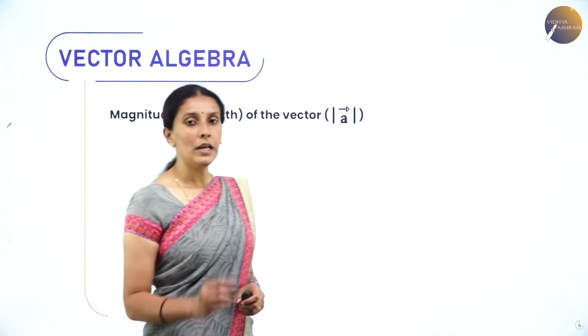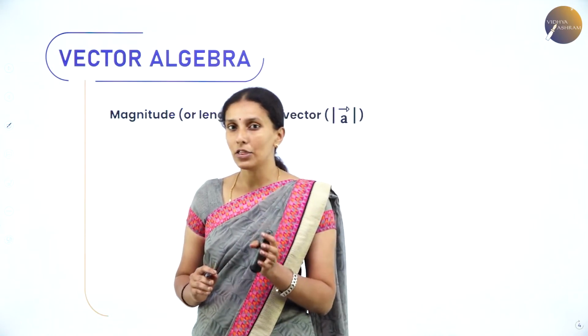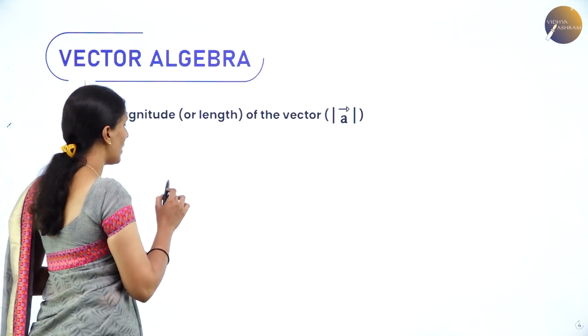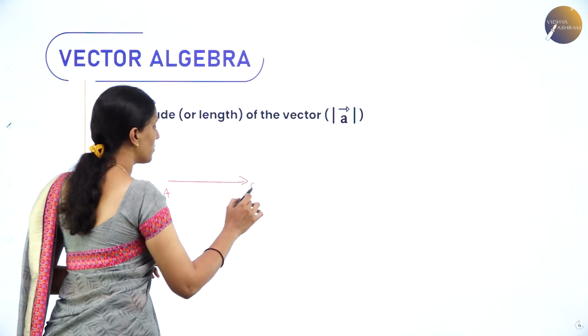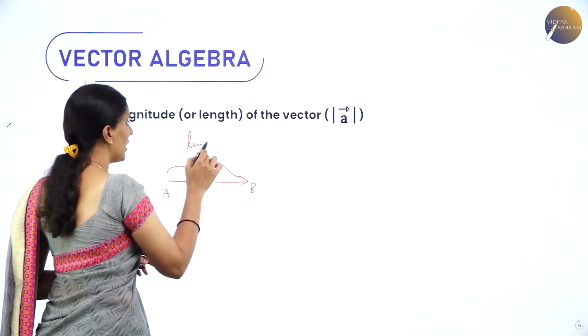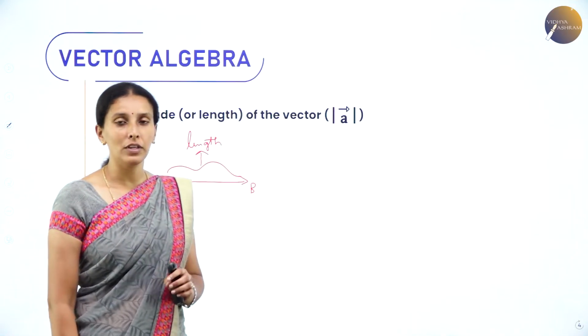Now coming to the magnitude of the vector, I said magnitude is nothing but the length of the vector. We have the initial point A as well as the terminal point B, and the distance between them is the length of the vector, which is the magnitude of the vector.